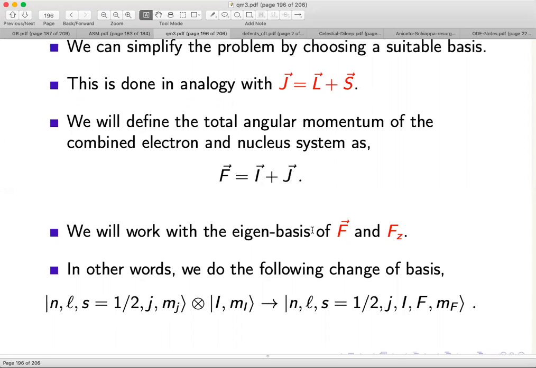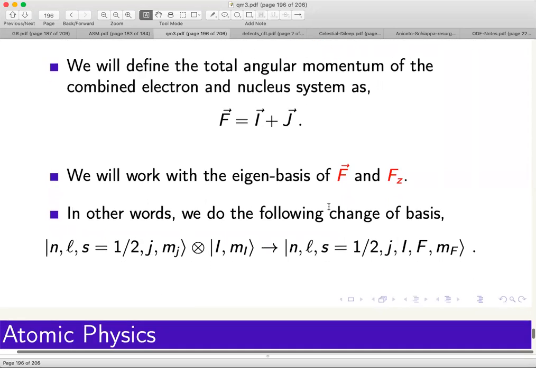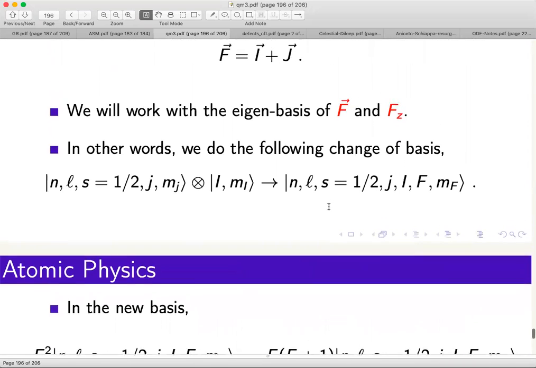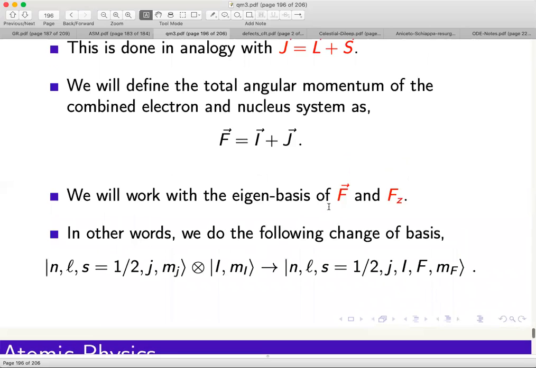So I'll stop at this point, and we will use this new basis to write down the spectrum of states when we consider the perturbation generated by delta H. But that will be in the next class.